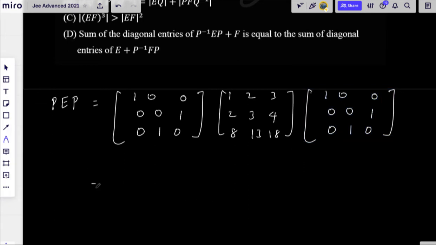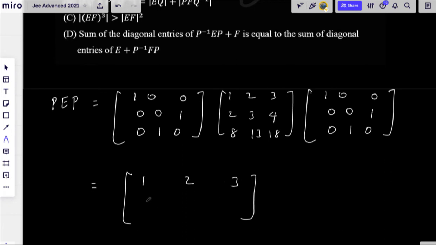Now, this is equal to, if we multiply each and every element, then after multiplication, first row to first column gives 1 into 1, and all the others are 0. So this is 1, similarly 2 and 3, correct?